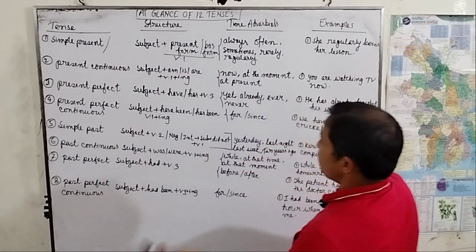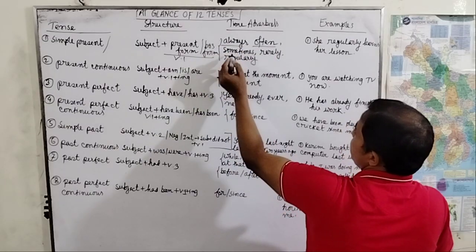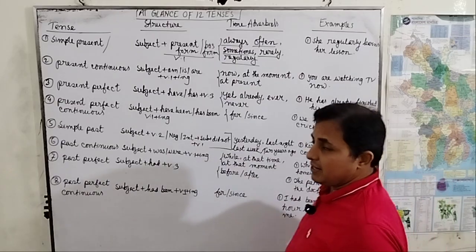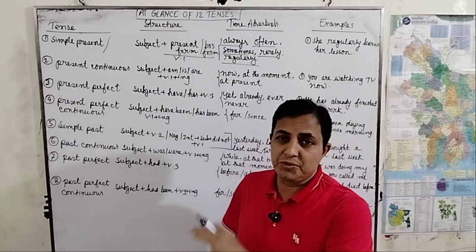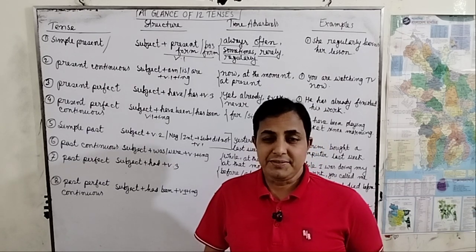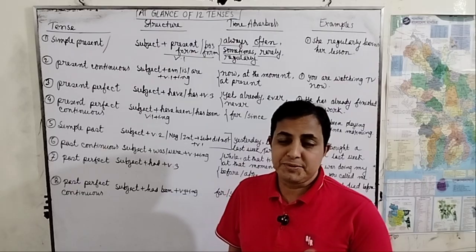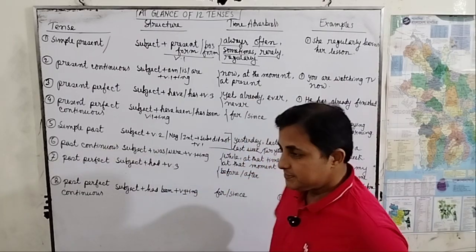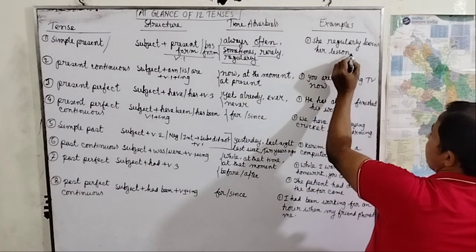And you will also find some time adverbials: always, often, sometimes, rarely, regularly. You will find more adverbial words, but I have shown you some. They also help to identify present indefinite or simple present. Now an example: she regularly learns her lesson.